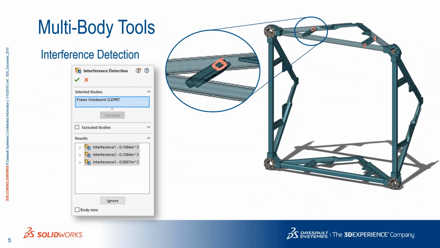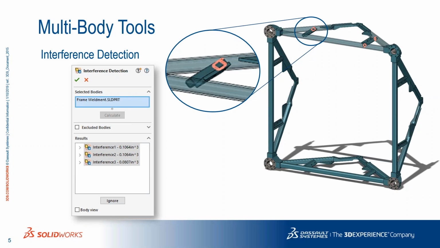Next, we're going to look at the multi-body tools. If you've ever dealt with multi-bodies, you know that sometimes we may bring it apart and lay it in and then trim it, or do various different things trying to stack and create a multi-body part. And now in 2019, we can use interference detection within a multi-body part, not just an assembly.